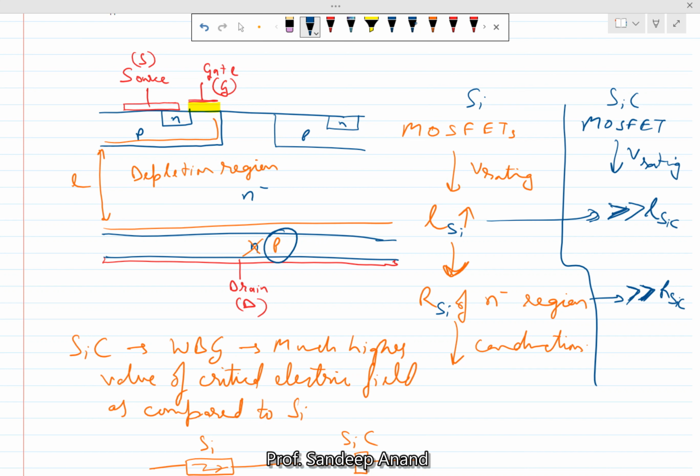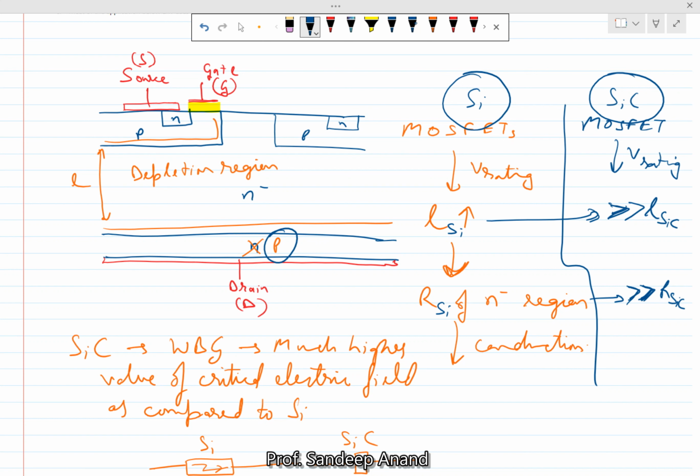So instead of 100 volt, instead of 200 volt, instead of 500 volt, 600 volt was roughly the limit where we start thinking that it is better to go for IGBTs in silicon as compared to MOSFETs in silicon. But for silicon carbide, you can keep going further because your depletion region length is small, so your resistance is still comparatively small.